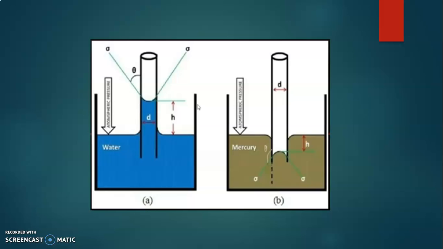Sigma is the surface tension which acts at an angle from the vertical axis of the glass tube. For water, there is a rise in level of liquid, and for mercury, there is a fall in level of liquid.